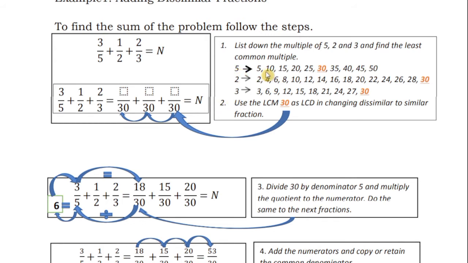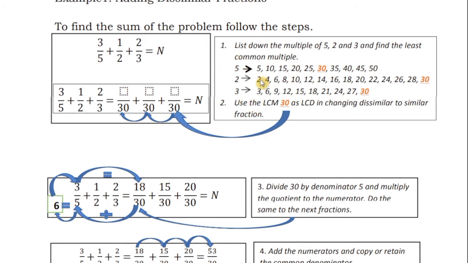So from the 5, we have here 5, 10, 15, 20, 25, 30, 35, 40, 45, 50. Then for the 2 we have 2, 4, 6, 8, 10, 12, 14, 16, 18, 20, 22, 24, 26, 28, 30. So we have now common 30. And for the 3 we have 3, 6, 9, 12, 15, 18, 21, 24, 27, 30.